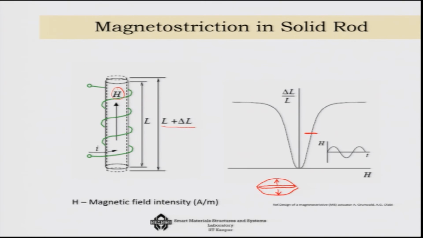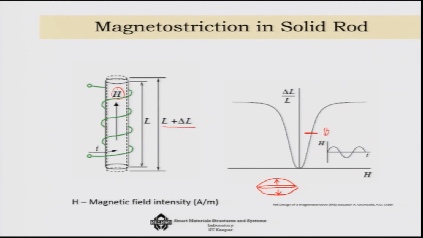If I apply that, the system is already going to expand to this particular value. And then with respect to this, if I reverse the magnetic field, it is going to show expansion on both sides, and as a result you can generate vibrations in the system.